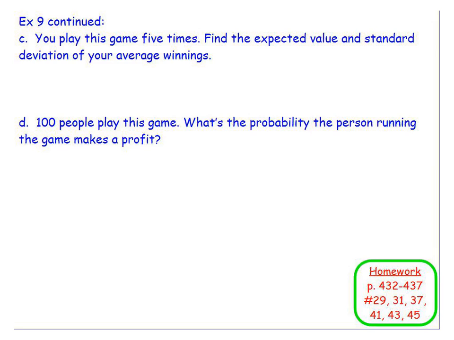Well, to find the expected value, we simply take, it happened 5 times in a row, so we take 5 and multiply it to our mean, which is negative 0.28, and we end up with negative $1.40. So if you play 5 times in a row, you're going to lose $1.40. Now, in order to find the standard deviation, we first have to find the variance. So we also have 5 of those variances.